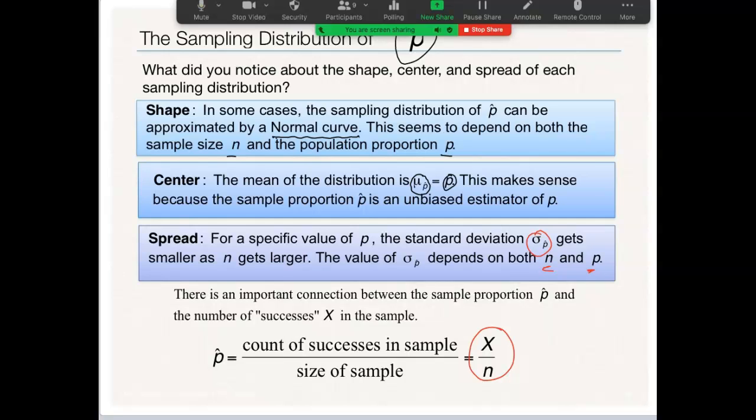So if I wanted to compute the proportion of orange candies in a sample of 10, I would count the number of orange. Let's say it was 3. I would divide by the sample size, which is 10, and I would get my p hat as 0.3.